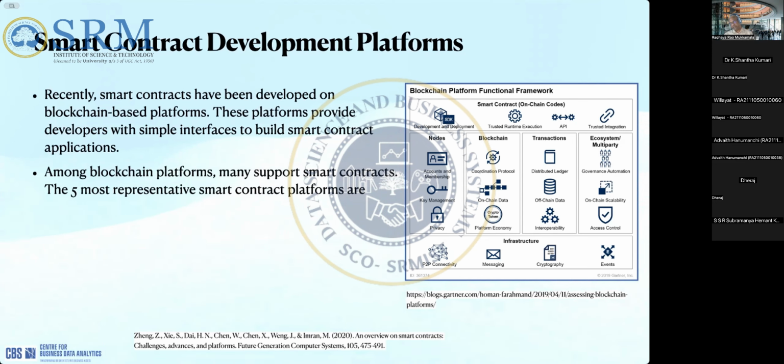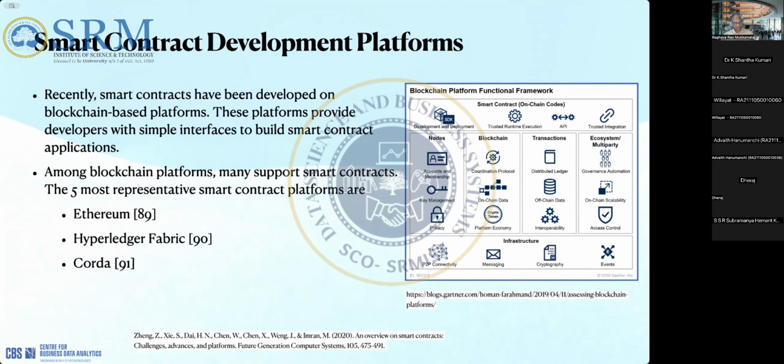So based on the type of contracting language and the type of underlying blockchain, you might have different types of applications. For example, Ethereum is mainly meant for transaction oriented, or you can say currency oriented transactions, or for transferring money between different accounts and other things.